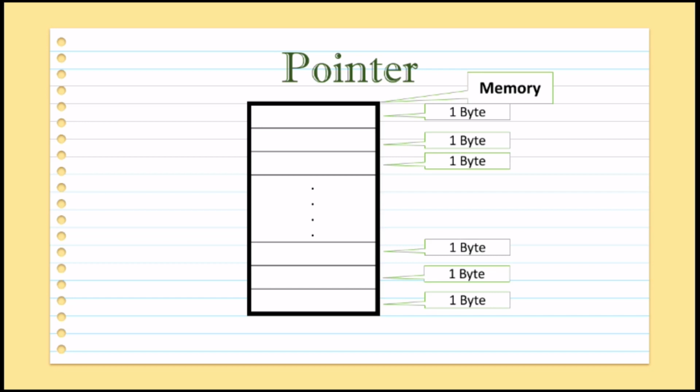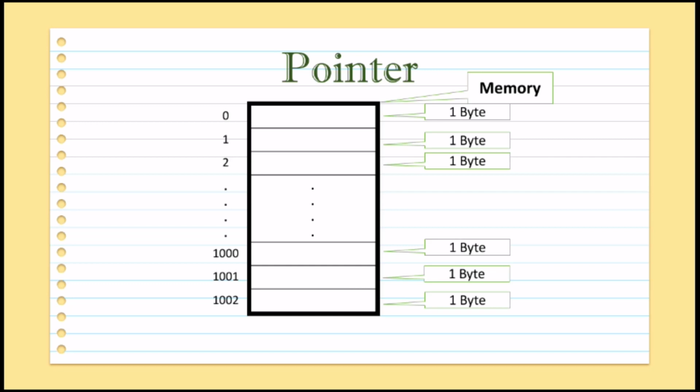Each memory location is associated with address. That is, each location is assigned with address. So here, starting from 0 to 102 are the addresses which are associated with each memory location. So these addresses are called pointers.